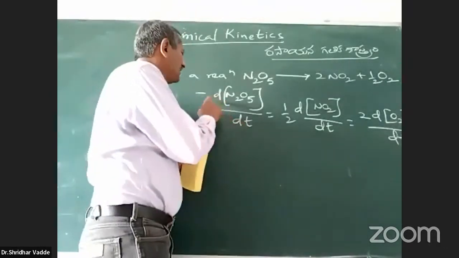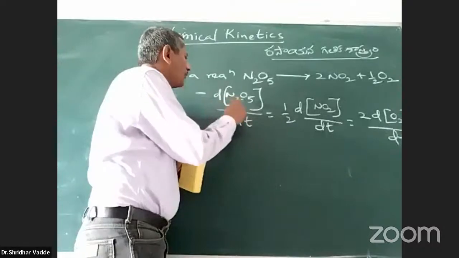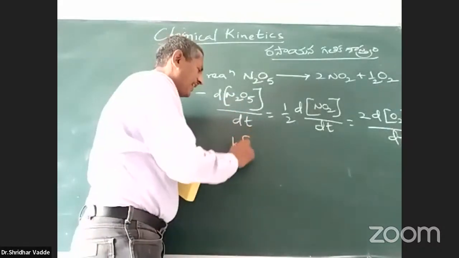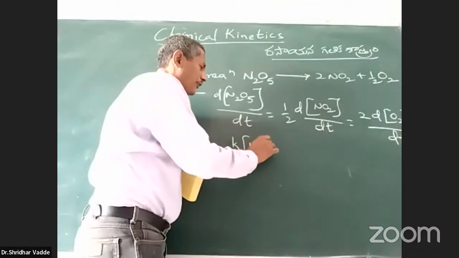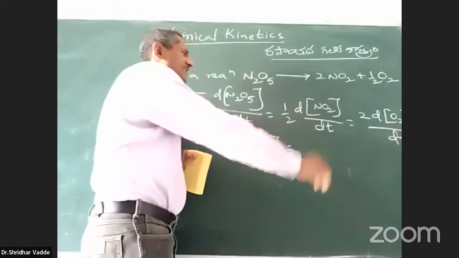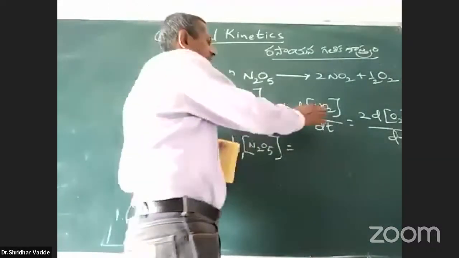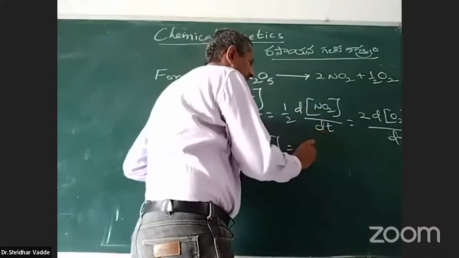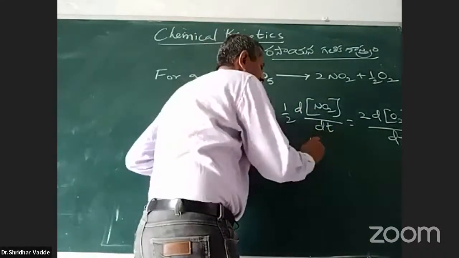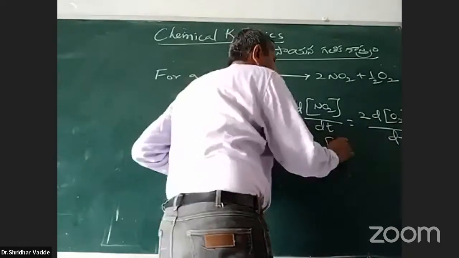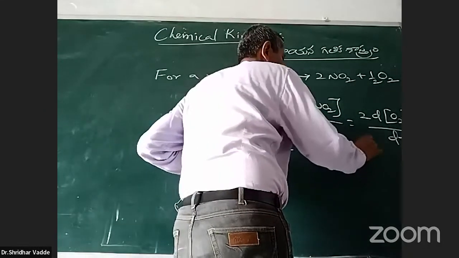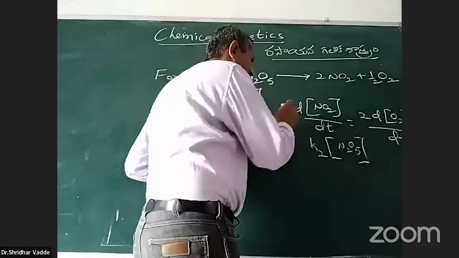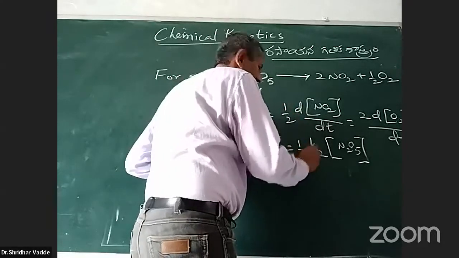But they have given that minus d[N2O5] concentration by dt is equal to K1 into concentration of N2O5. This is equal to d[NO2] concentration by dt, which is given as K2 into concentration of N2O5. And here you write as this.